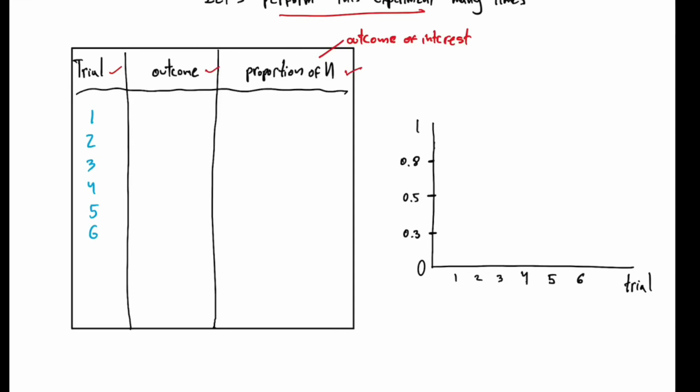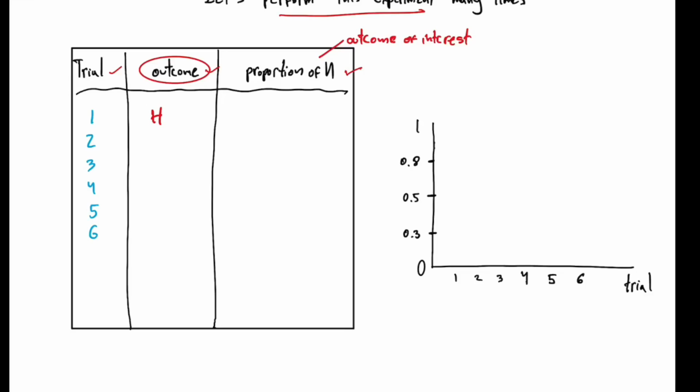Here we have just the outcome, whatever the outcome is. So let's make up some flips. Let's say I toss a coin once. So I tossed my coin. I got heads. So what does that mean? What's my proportion of heads?